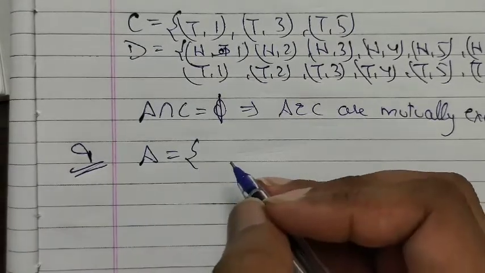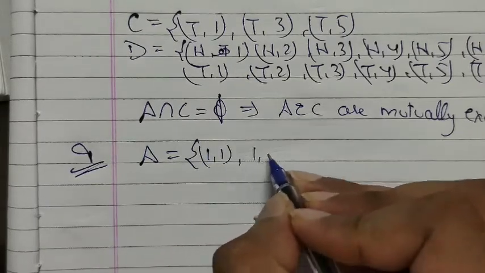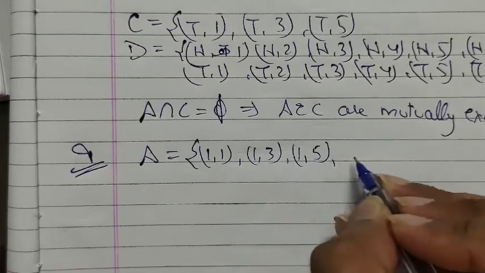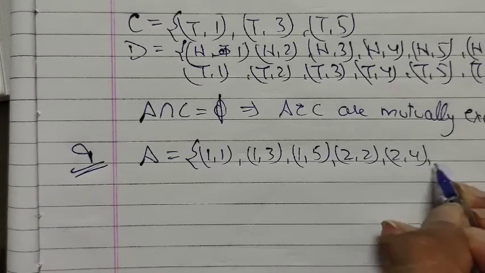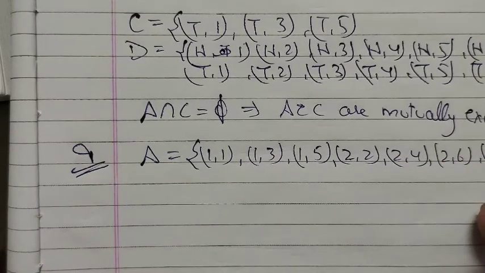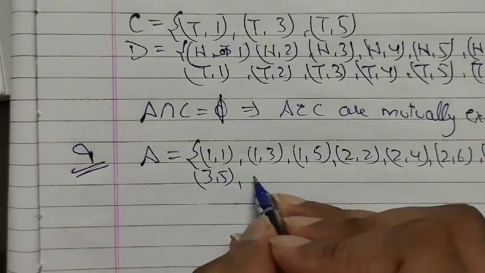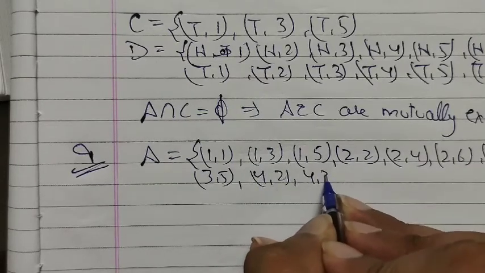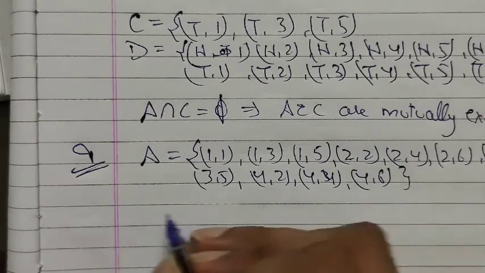So if two dice are thrown, the sum should be even: 1 1 even, 1 3 even, 1 5 even, 2 2 even, 2 4 even, 2 6 even, 3 1 even, 3 3 even, 3 5 even, 4 2 even, 4 4 even, 4 6 even, right?